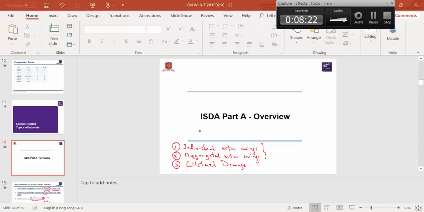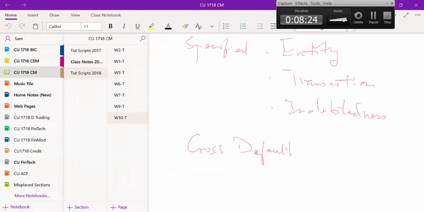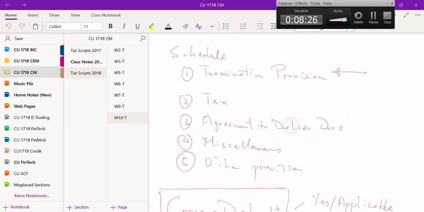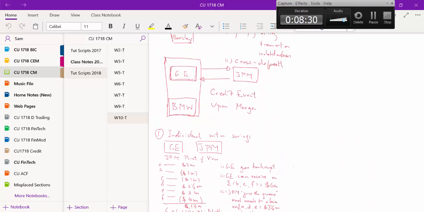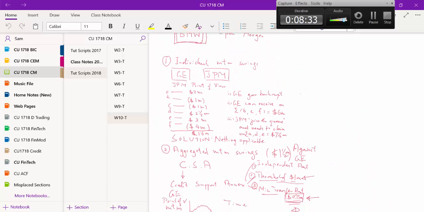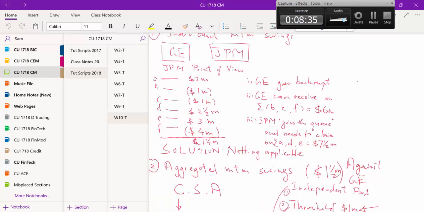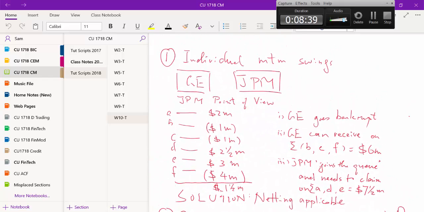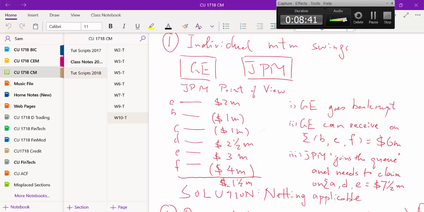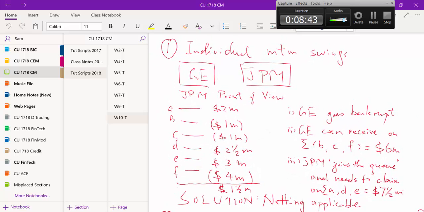If you look at, and we were using the example of someone like General Electric, and let's say General Electric has a lot of derivative transactions with JP Morgan.